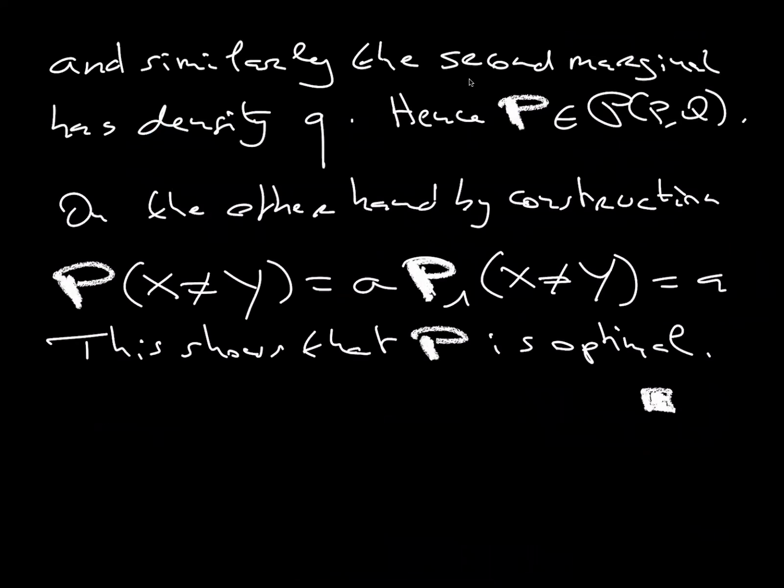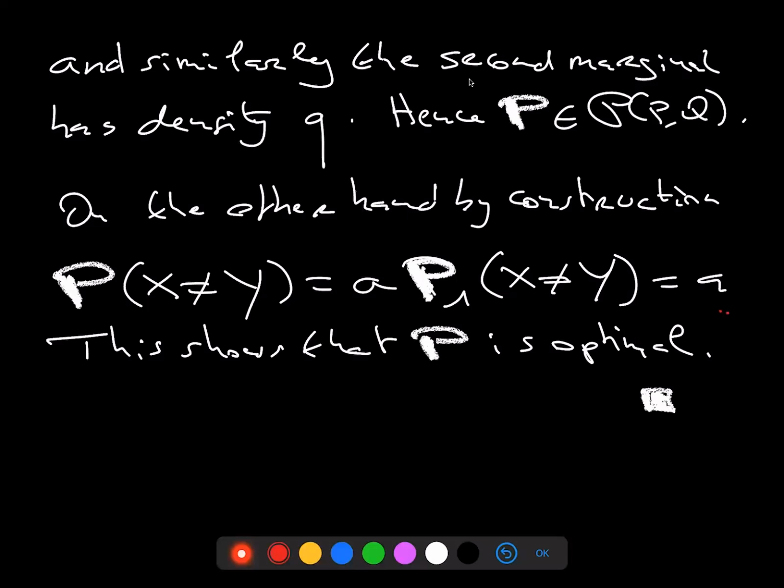And now, when you look at the bold P probability that X is different from Y, it is of course equal to A times P1 of X different from Y. So it is equal to A. So this means that P is optimal. Okay?